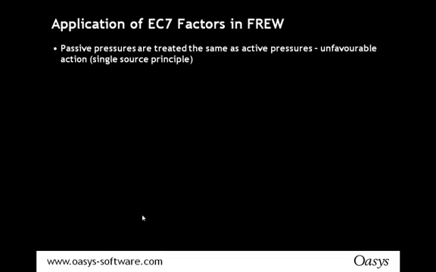But we've discussed this, and we were looking at how the Arup engineers have interpreted it, and what has been said is that really the passive pressures and the active pressures are coming from a single source, and that single source is gravity. So the gravity drives the earth pressure, and the earth pressures are then causing the passive and active pressures. So the passive and active pressures are unfavorable. That's a description in brief of the single source principle.